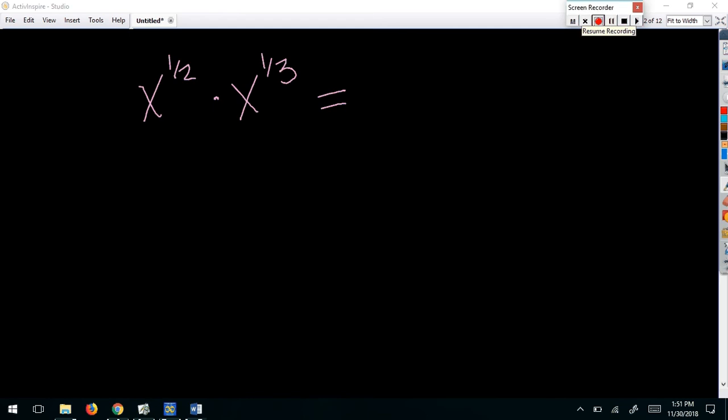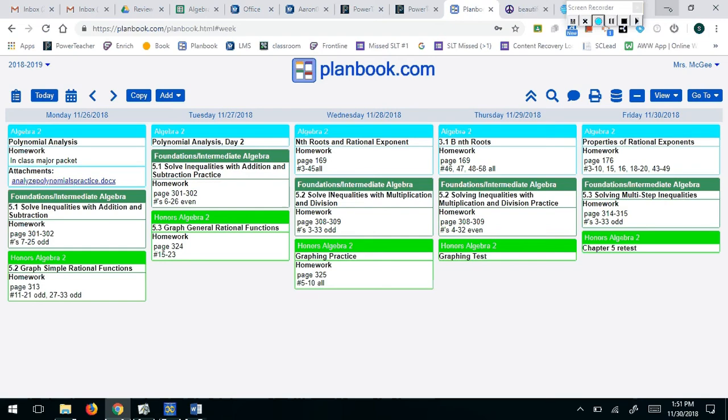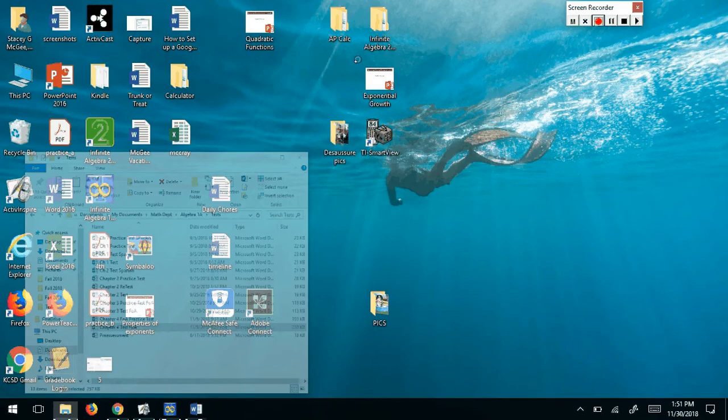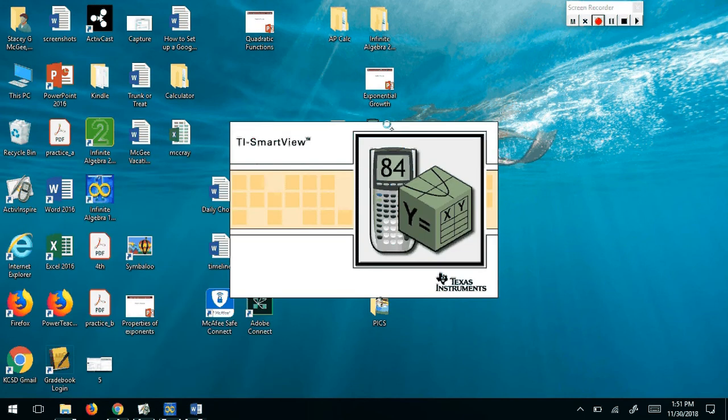Take out your calculator. Oh, I didn't open my calculator up. I have way too many tabs open. And let's add a half and a third on the calculator.